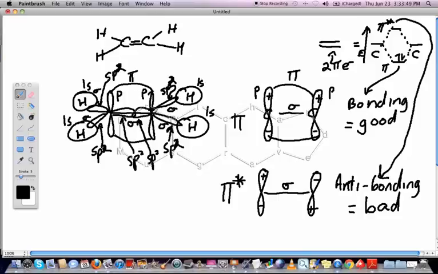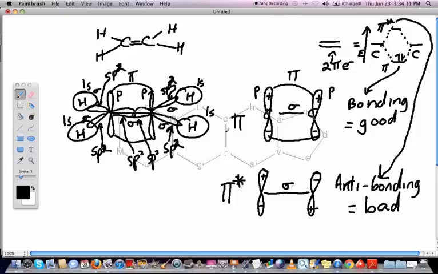So between these two carbon atoms here, we've got a pi bond and we've got a sigma bond. Now the pi bond is special because it appears above and below the plane of the sigma bond. So this is a bonding pi bond right here, where we've got the sigma bond in the middle, and then we've got the pi bond that's above and below the plane of the sigma bond.